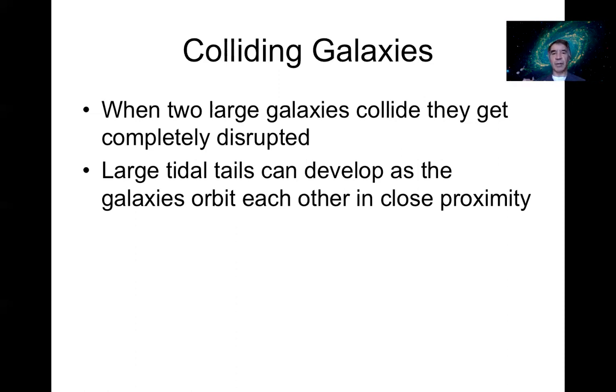That sets up a gradient in gravity across the galaxy, which basically rips it apart. So gravity tends to tear the galaxies apart initially, and that results in these so-called tidal tails that we'll see in a moment.